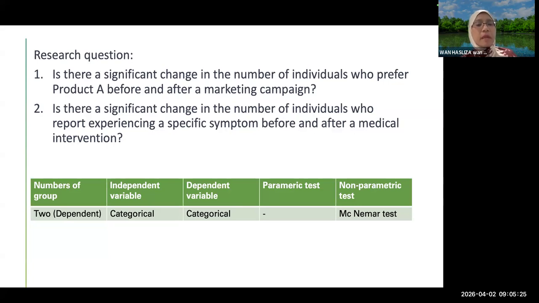Because now I have pre and post, I have dependent observations. And the presence of the symptom, either the participant experiences or does not experience it, yes or no, is also categorical. So the suitable statistical test for pre and post categorical data is the McNemar test.